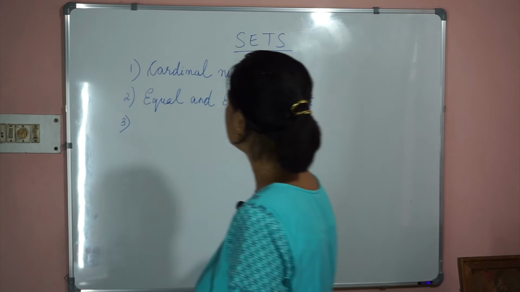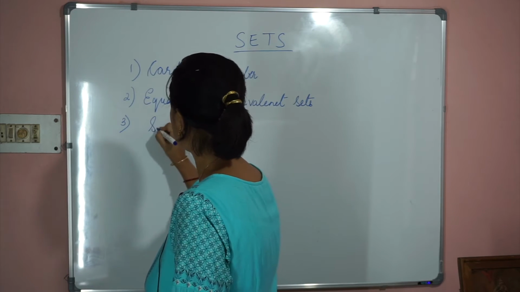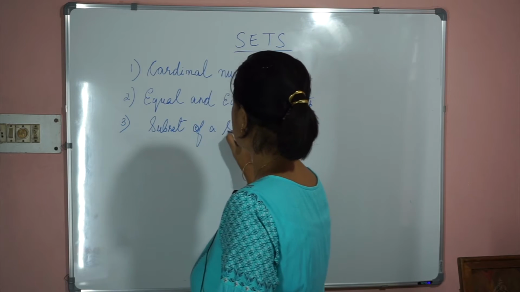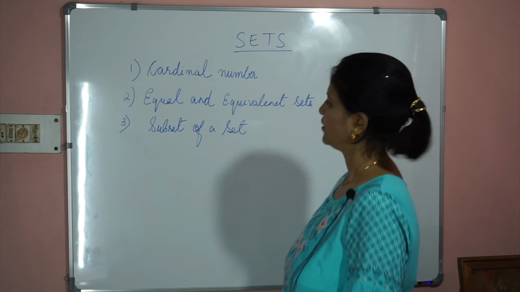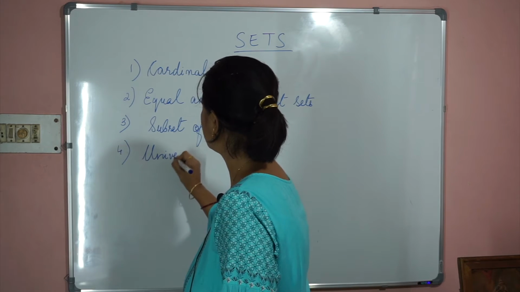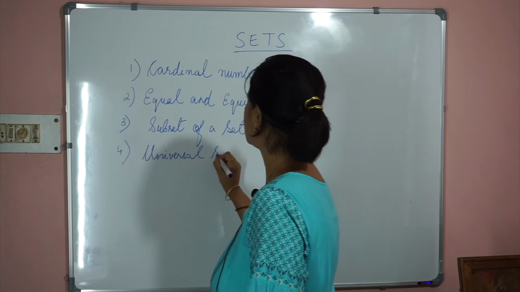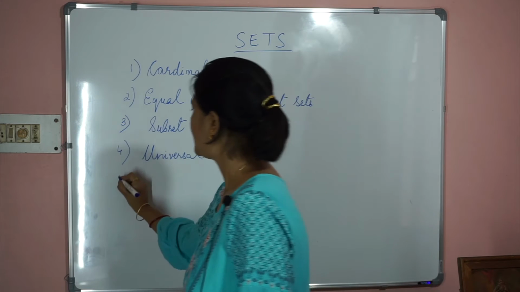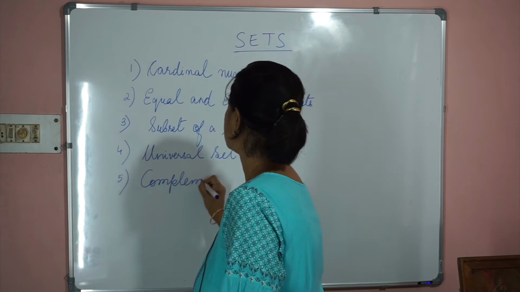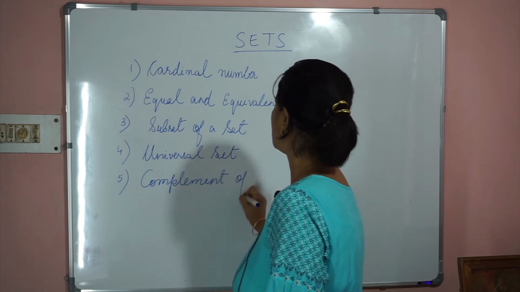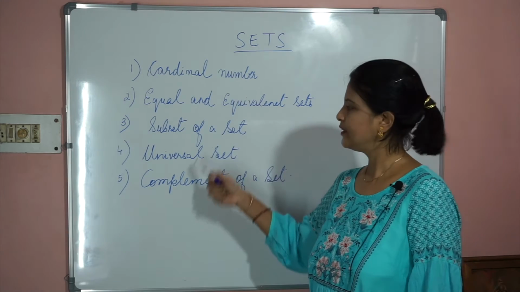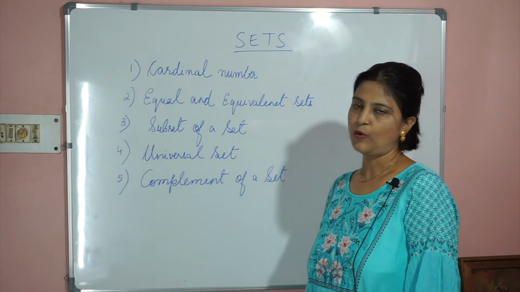Number 3, subset of a set. Number 4, universal set. And number 5, complement of a set. So we shall learn about these 5 points now.